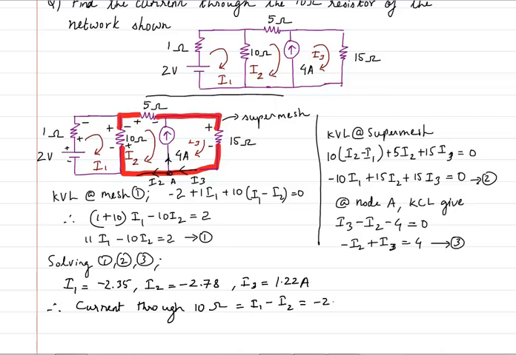I1 is minus 2.35 minus of I2 current, which is minus 2.78, which gives me the answer to be 0.43 amperes. So even if this answer would have been negative, it only means that the direction of current is reverse. That's all. Here the answer is 0.43. Thank you.